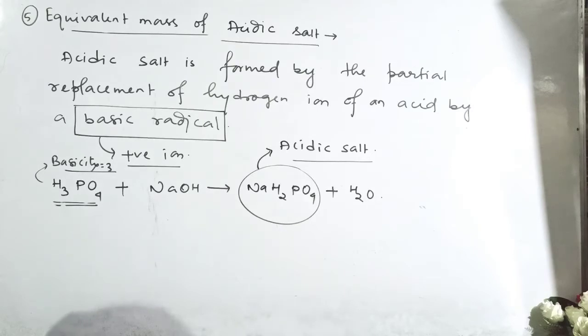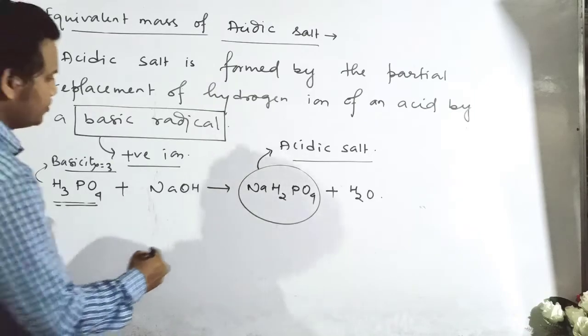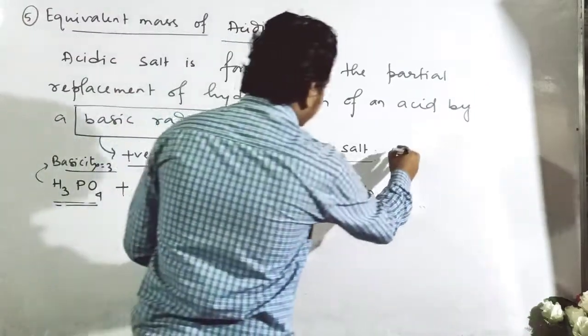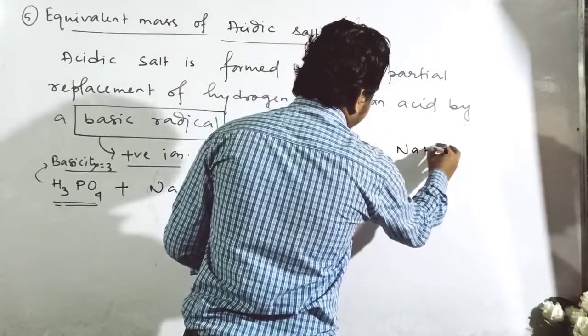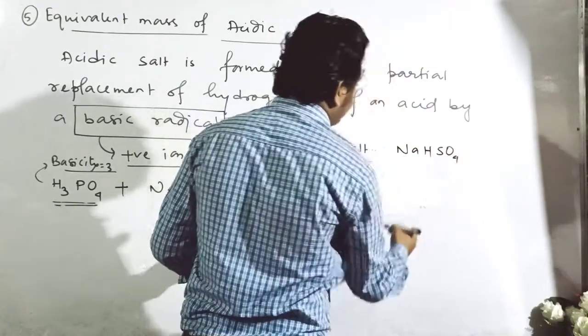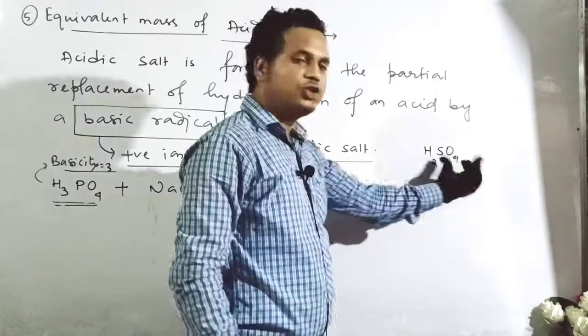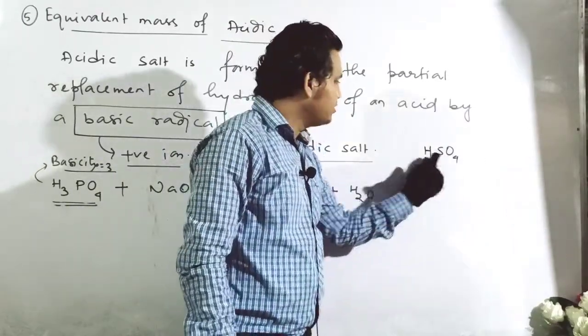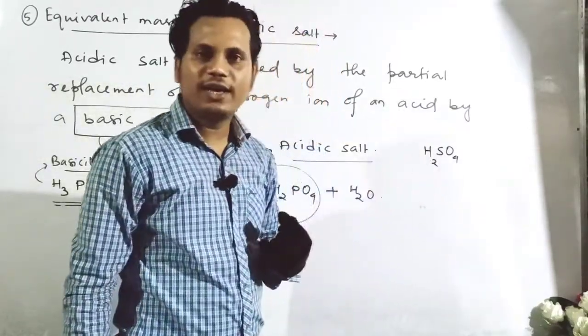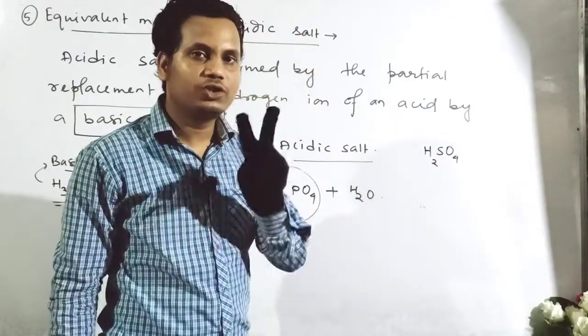So for acidic salt, what is the formula for finding equivalent mass? Suppose one more example, NaHSO4. Suppose sulfuric acid. What is the formula of sulfuric acid? H2SO4. It can give 2 hydrogen ions, so its basicity is 2.